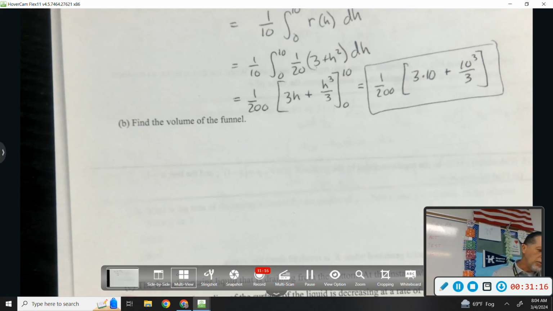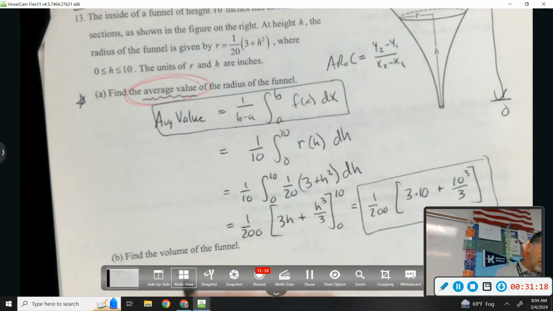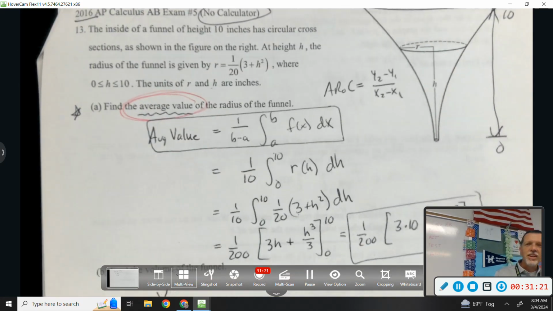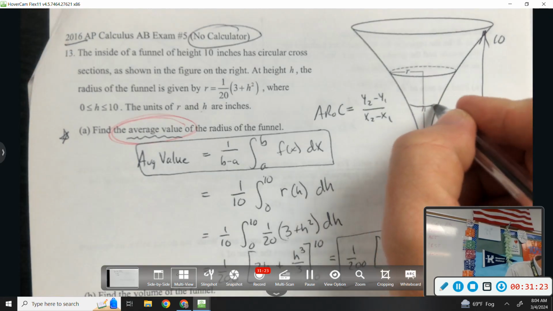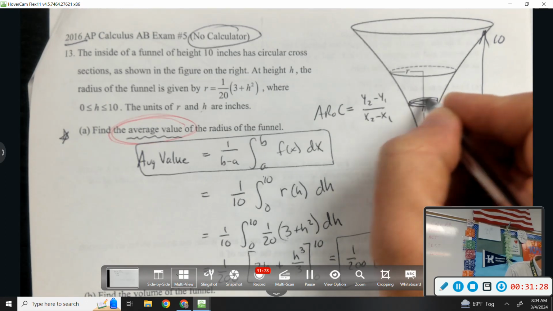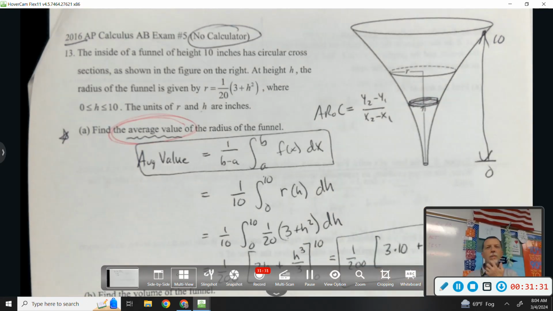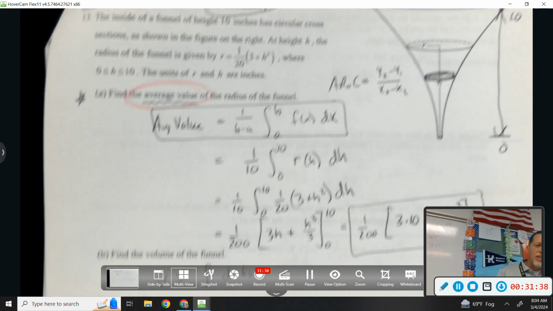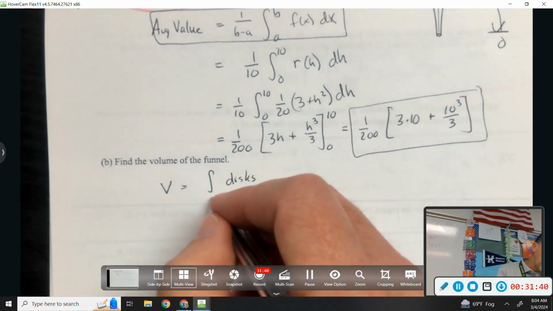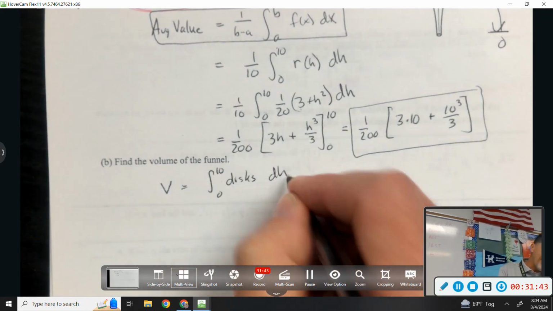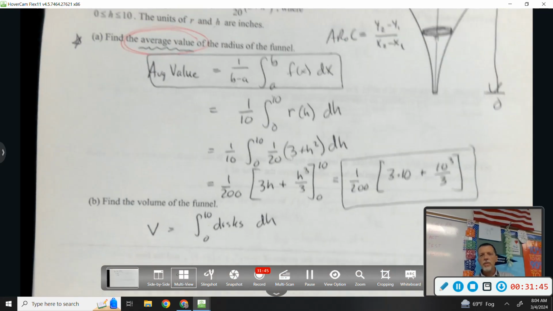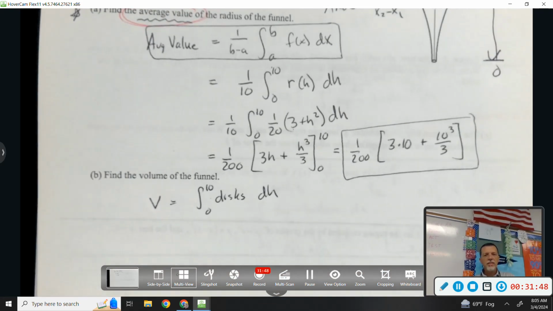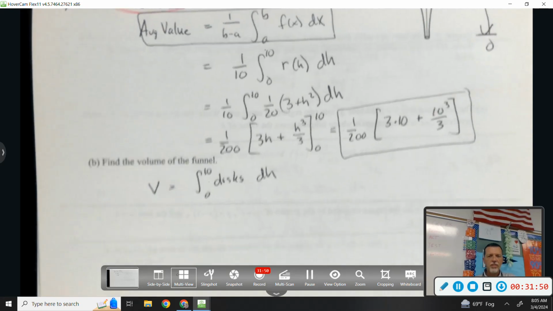All right, the volume of the funnel. Let's see. This looks like the cross sections are circles. So I'm going to add up the circles, add up the disks from 0 to 10 as h is changing.